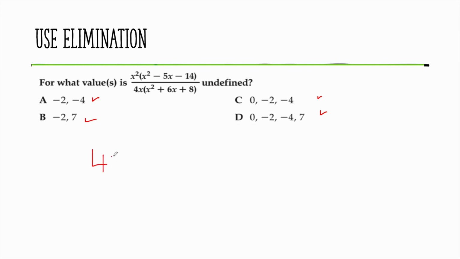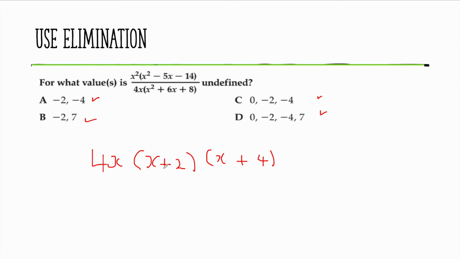4x, and then I will expand it or factorize x. Factors of 8, that will give me 6. It's 4 and 2. And we have plus, that means both our signs are plus and plus.